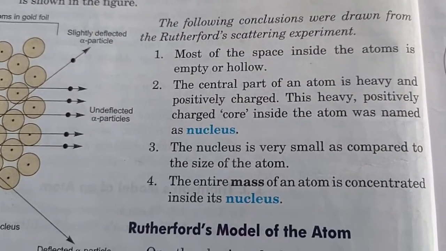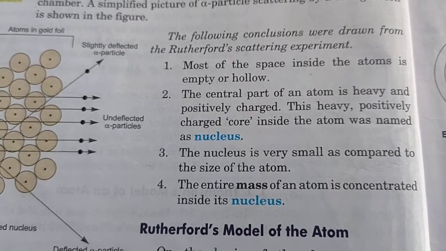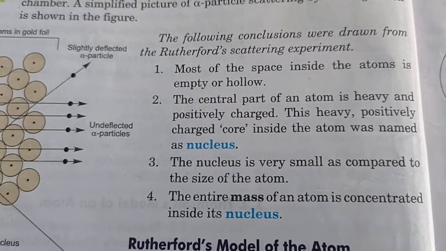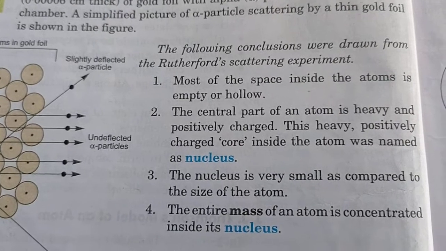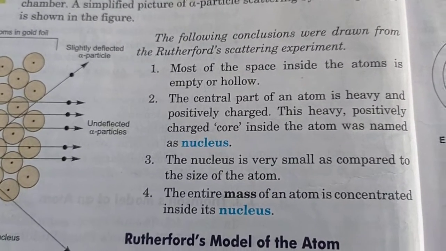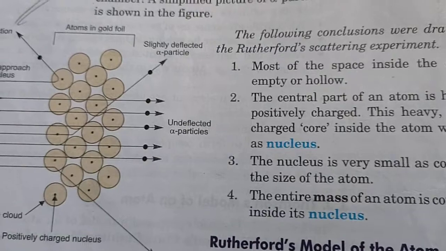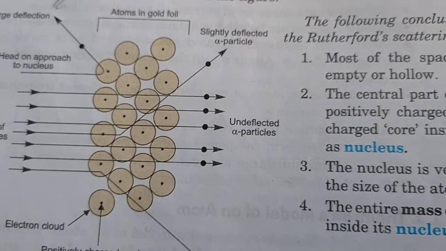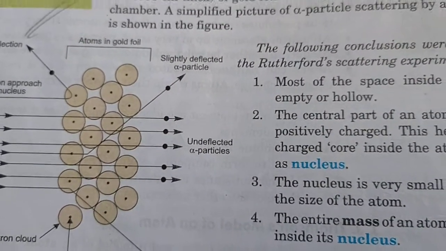The second point is that the central part of an atom is heavy and positively charged. This heavy positively charged core inside the atom was named the nucleus. You can see the dot in the middle; this is the nucleus and it is positively charged.